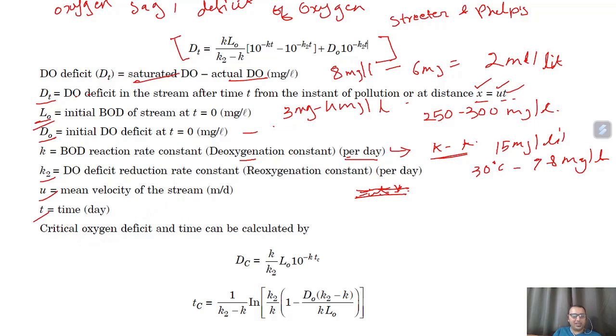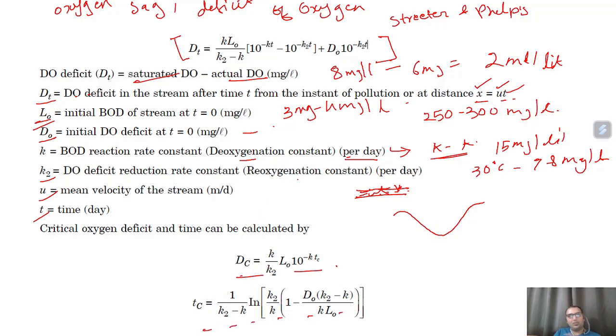And critical oxygen deficit. As we saw in the second zone, there was a point where the DO drops to the minimum. So what is the maximum value of the deficit here, because we are calculating in terms of deficit. So when DO will be minimum, the deficit will be the maximum. So D critical is given by this formula, and the time required to reach the critical deficit is given by this formula.